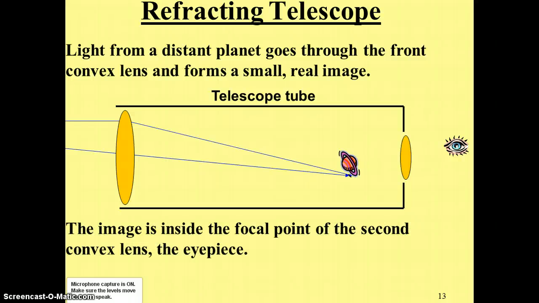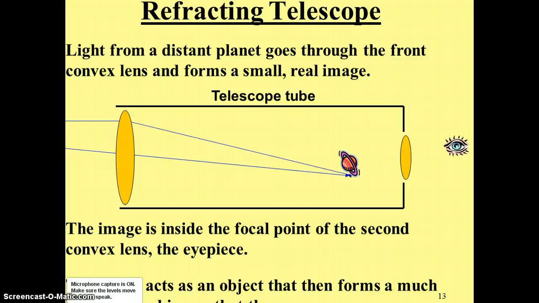But then that real image winds up being created inside the focal length of the eyepiece convex lens. And in that case, it acts as a magnifying glass, and you get a very large virtual image, which is what your eye sees.